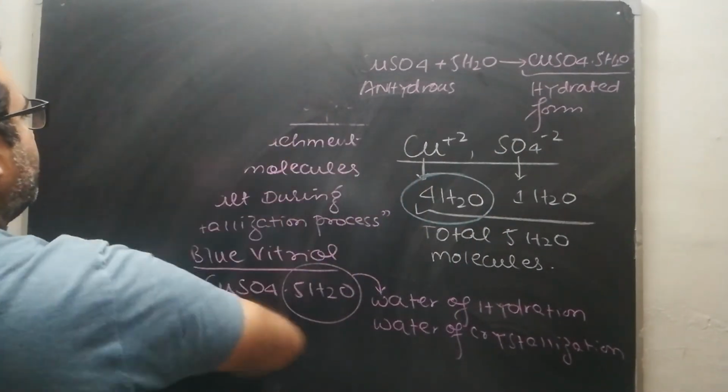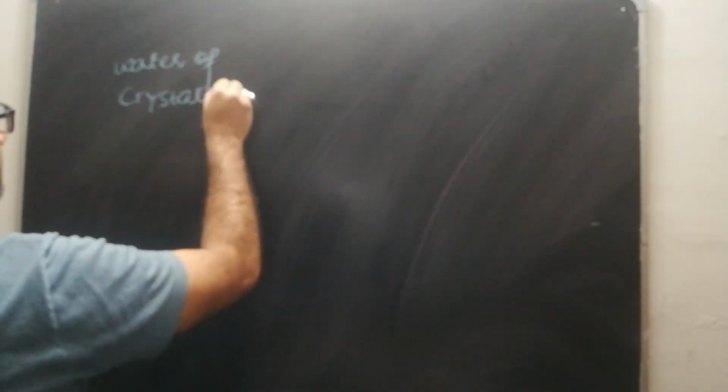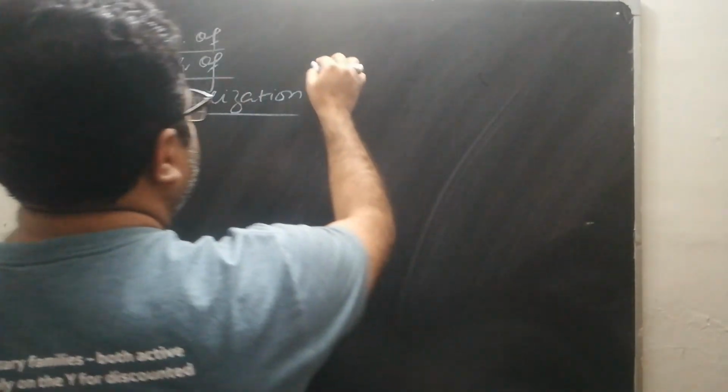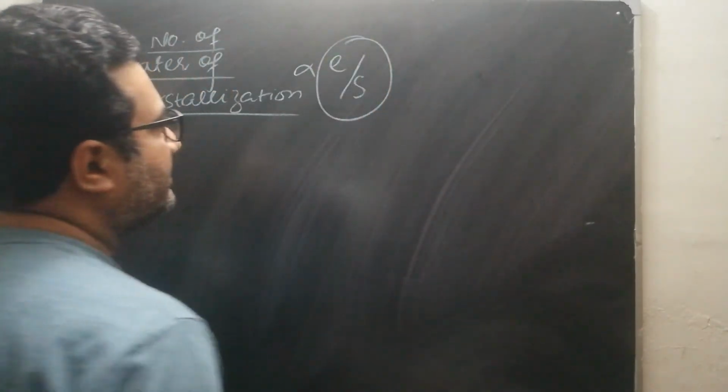So that is totally related to, let me tell you one thing, that the number of water of crystallization attached to any ion is directly related to its charge and inversely related to its size.